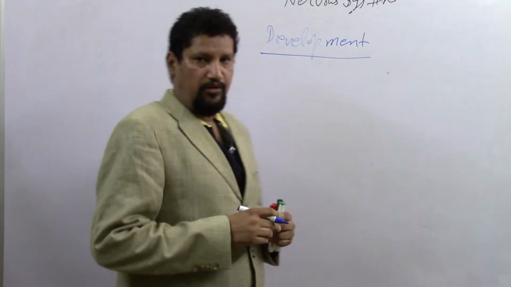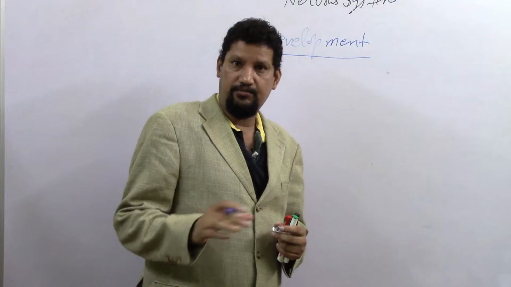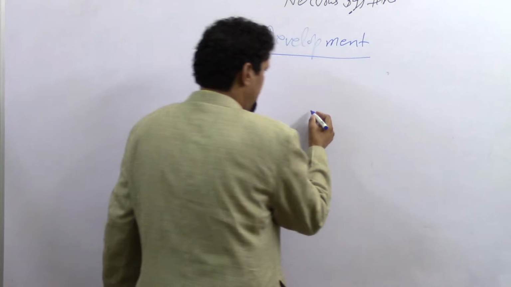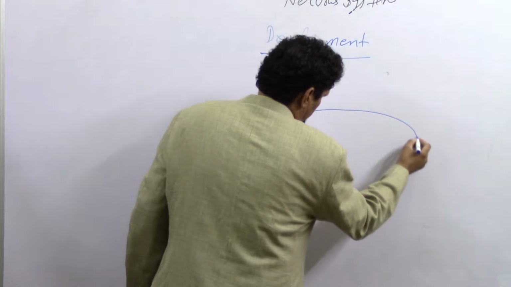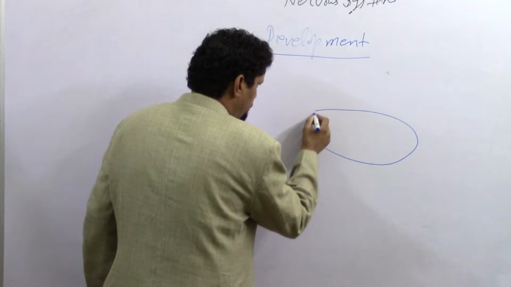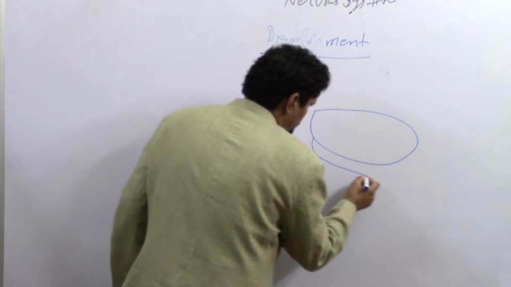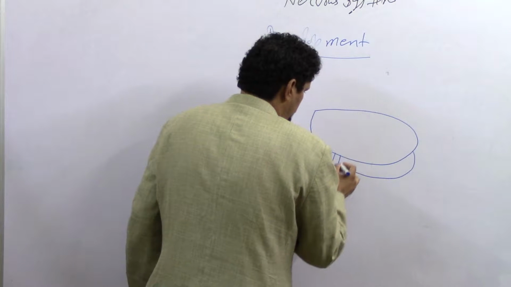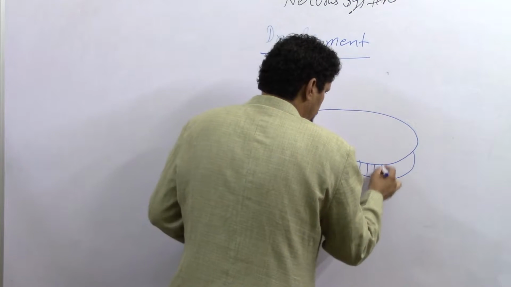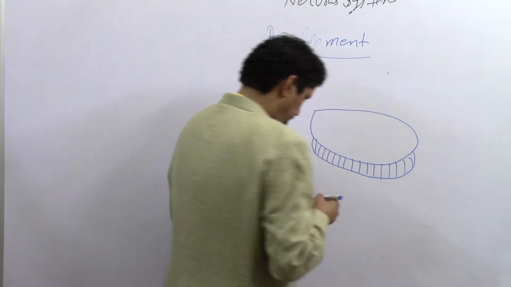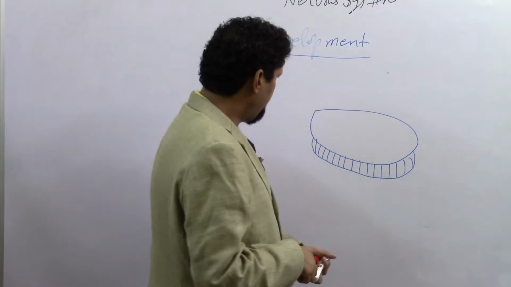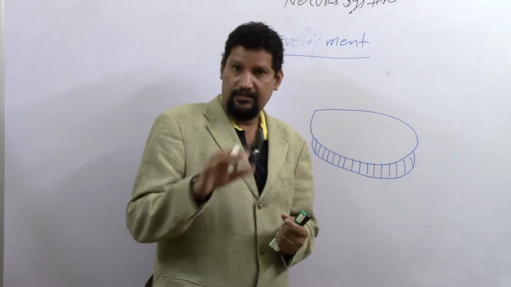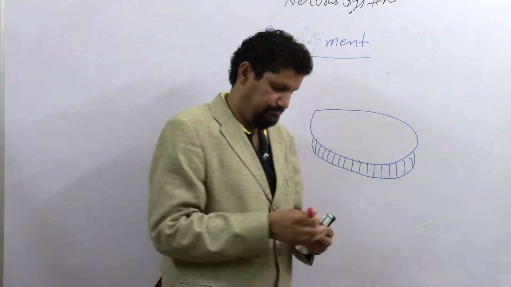In the third week of development, in the last part of the third week, there will be a well-formed trilaminar disc. It is having, as the name indicates, trilamina or 3 layers: ectoderm, mesoderm and endoderm.